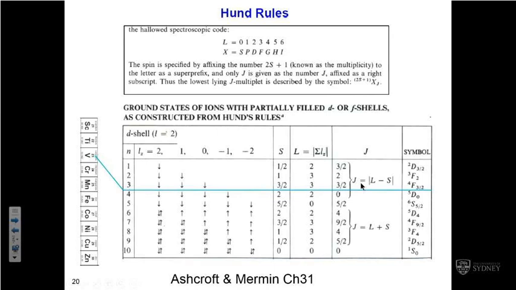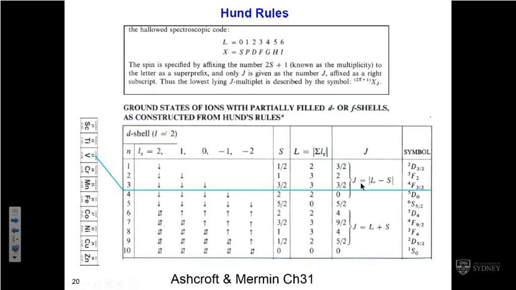So we are dealing with 3 D electrons. According to Hund, the D states can go from minus L, doesn't matter which way you write it, up to plus L, and then we have to fill them in the parallel way.